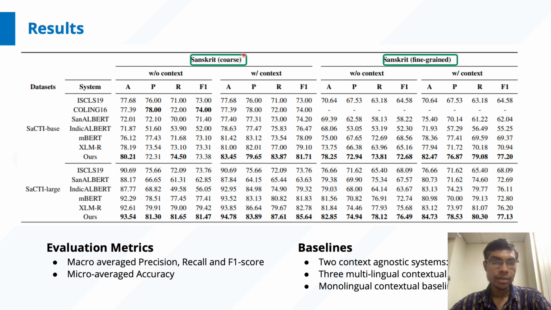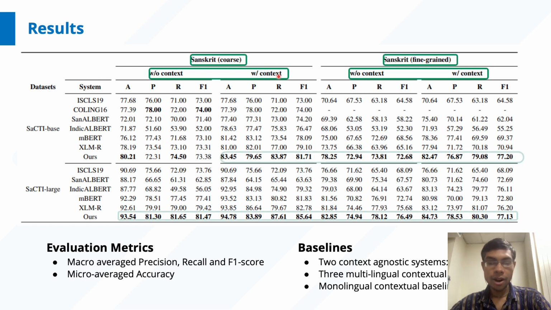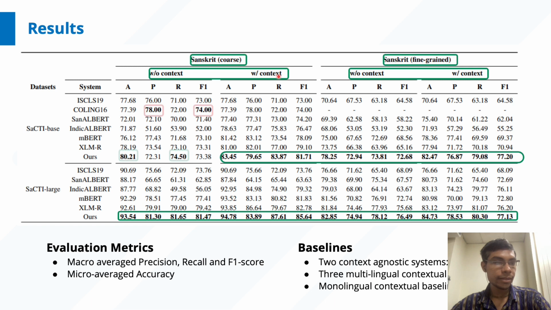One is the coarse label, where 4 labels are there, and in fine grain a total of 15 labels are there. In each setting, again there are two settings: one without context and another with context. In all the settings, our proposed model outperformed all the competing baselines, except in the without context setting, where the hybrid model outperformed in the precision and F1 metrics.